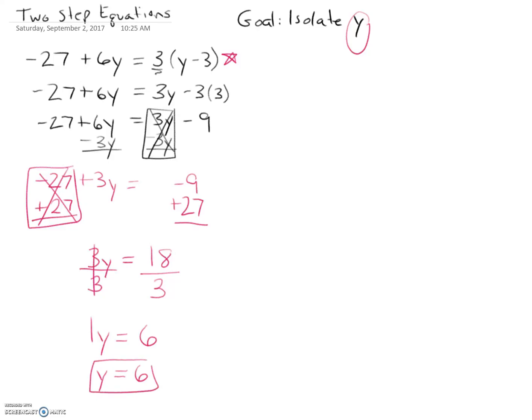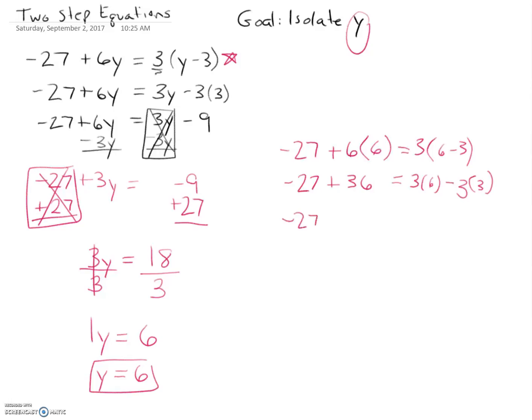Same idea. Let's check it out. Negative 27 plus 6 times, now I'm substituting, y is 6, equals 3 times y minus 3, so 6 minus 3. Negative 27 plus 36, it's the multiplication. And then we have distribution, 3 times 6 minus 3 times 3.